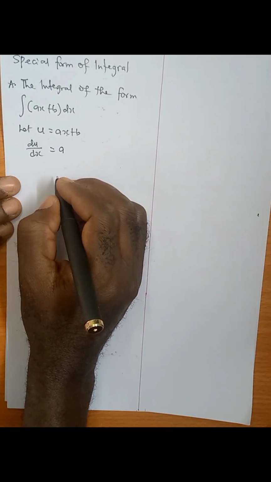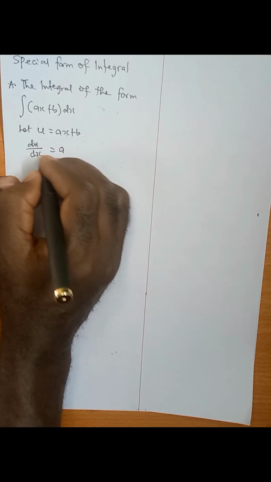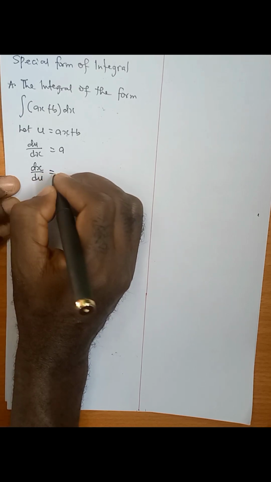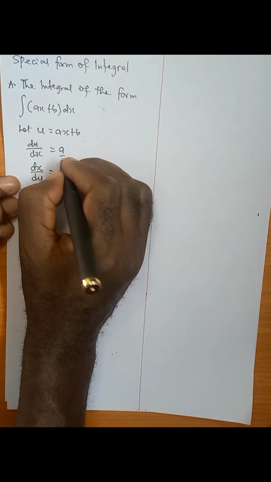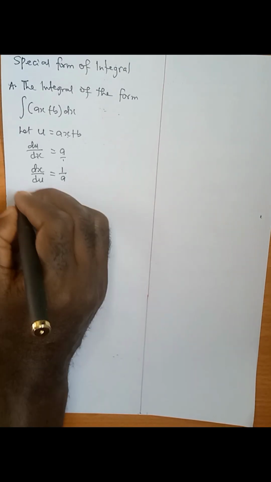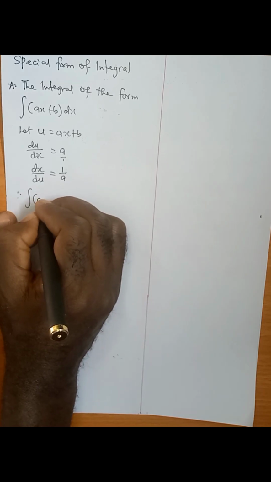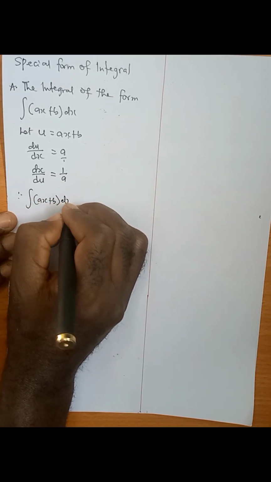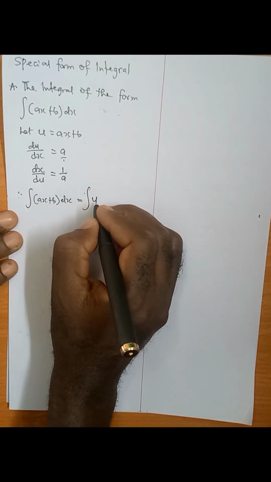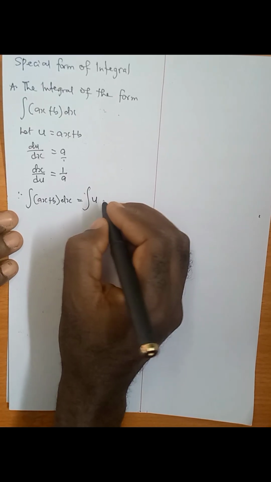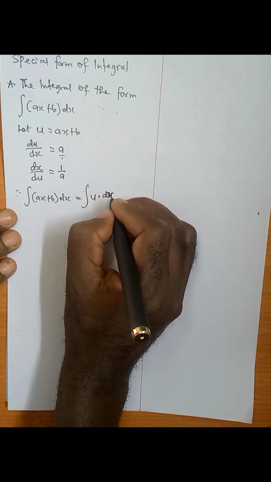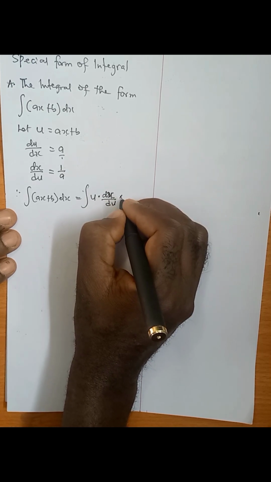Then from here, if du/dx is equal to a, then when we invert it, we have dx/du, and we also invert this a. A is on top of 1, so it will turn to 1 over a. Therefore, the integral of (ax plus b) dx will become, this one has turned to u, the dx will be dx/du multiplied by du.